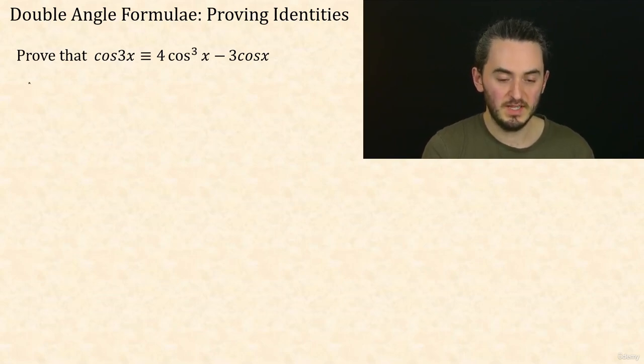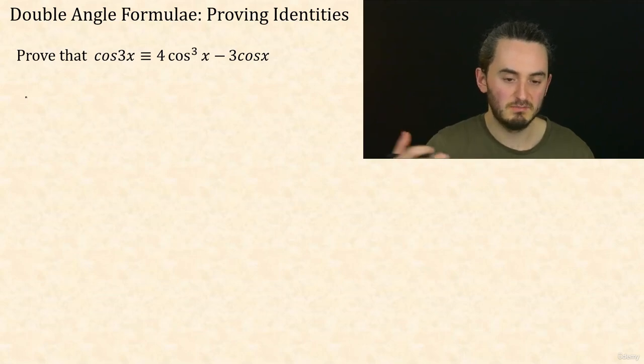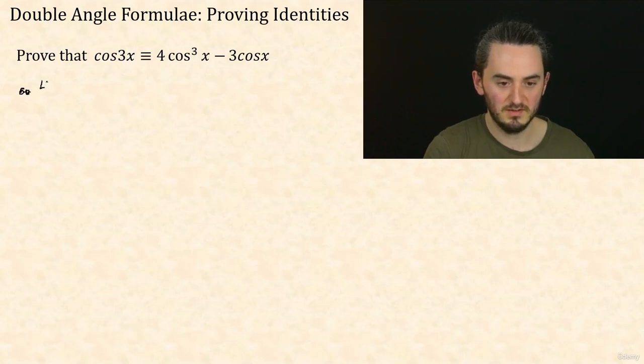So the trick here, and this is always true for all higher multiple angles, like triple angles, quadruple angles, is to start by using the addition formula. So think about, let's begin this properly, left hand side is cos 3x. Now here's the trick.